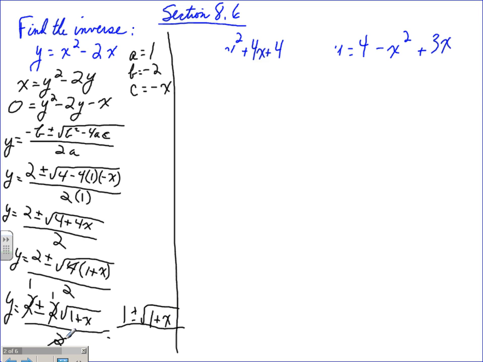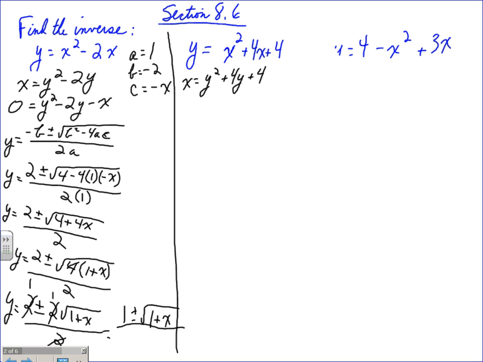Next one. Y equals x squared plus 4x plus 4. Find the inverse. Switch the x and y. All right, every problem is done the same way.